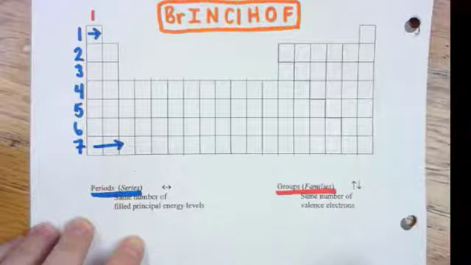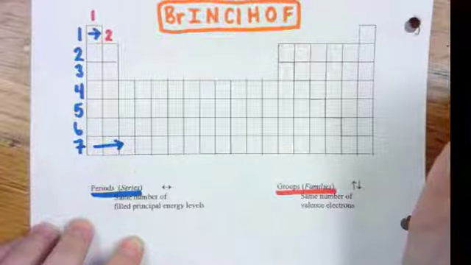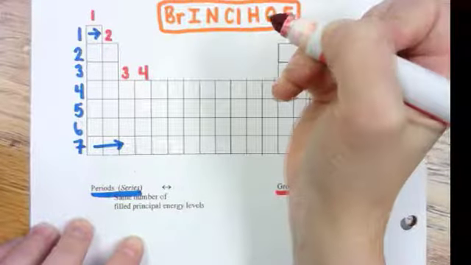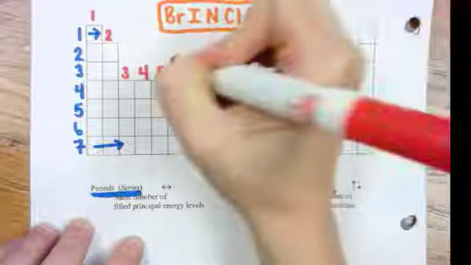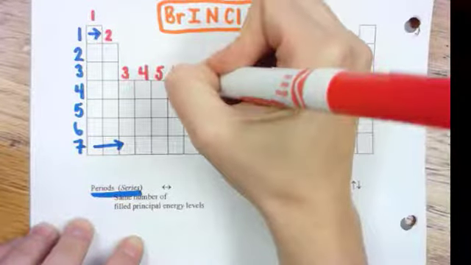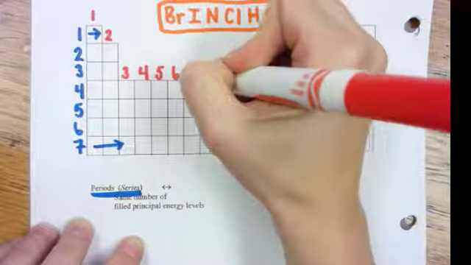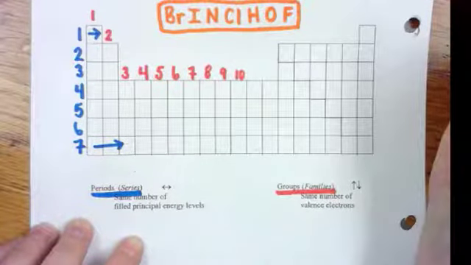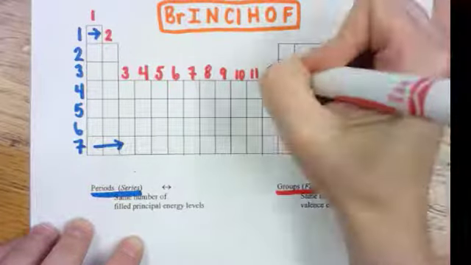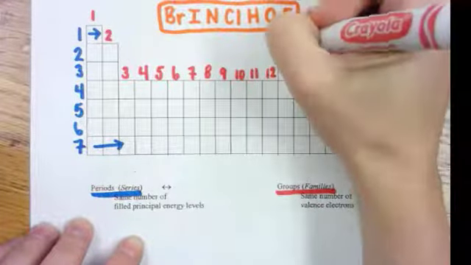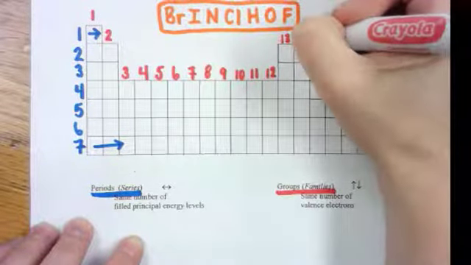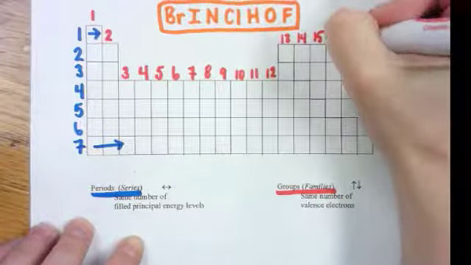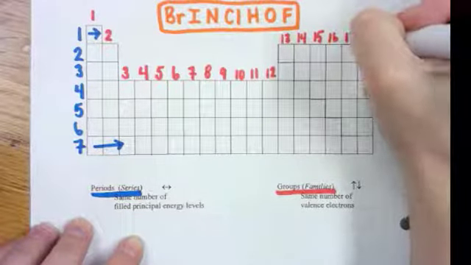There's group 1, 2, 3, 4, 5, 6, 7, 8, 9, 10, 11, 12, 13, 14, 15, 16, 17, and 18.